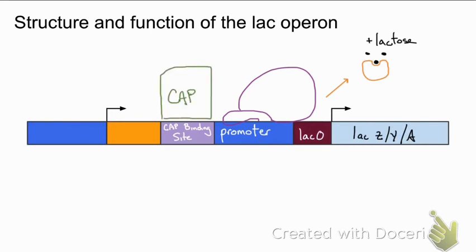In fact, the A in CAP stands for activator, and so this is an activator of transcription. Well, CAP only binds to the DNA when it's bound to a molecule known as cyclic AMP. Cyclic AMP is kind of like a relative of ATP, but it is produced in conditions when energy levels in a cell are very low.